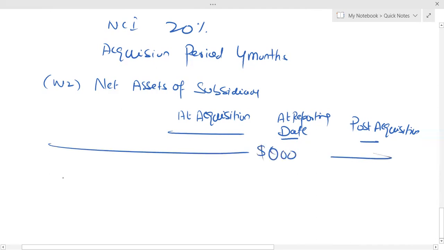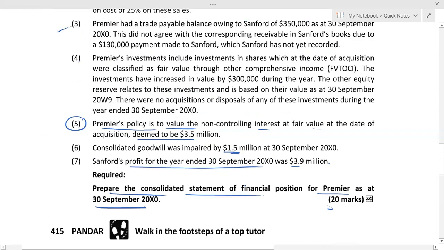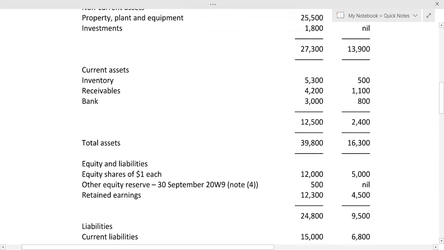Now let's take number one, share capital. We'll take the subsidiary's share capital. Subsidiary's share capital is 5,000. Subsidiary does not have any share premium.